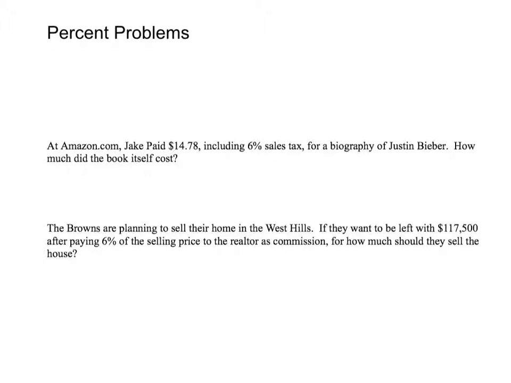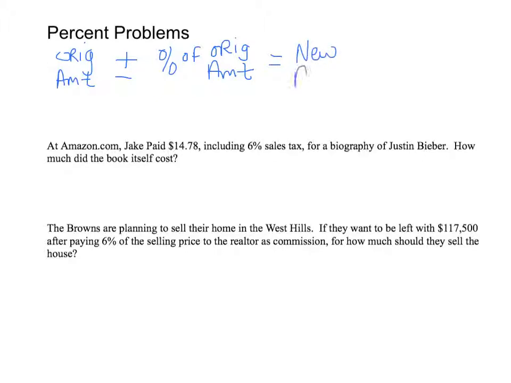Now I think that you'll agree that in percent problems we always have an original amount, and then we're going to add or subtract some percent of the original amount. That's going to give us the new amount.